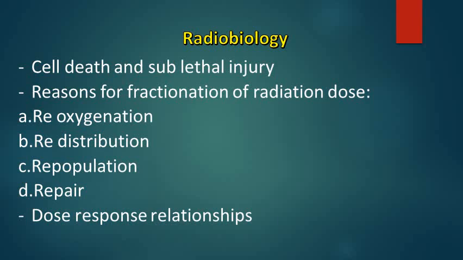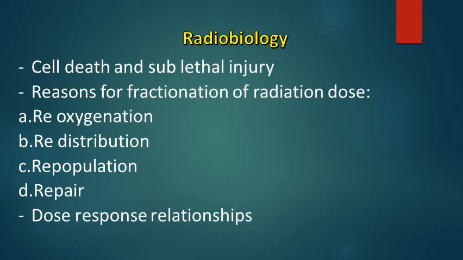So when we give fractions, every time the external part of the tumor, which contains oxygenated cells, will die and shrink, and there is greater probability that more cells will get oxygenated and become more liable to the effect of radiation.